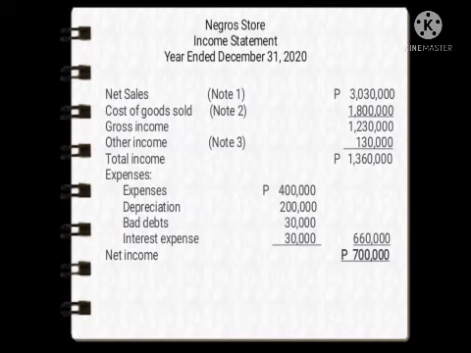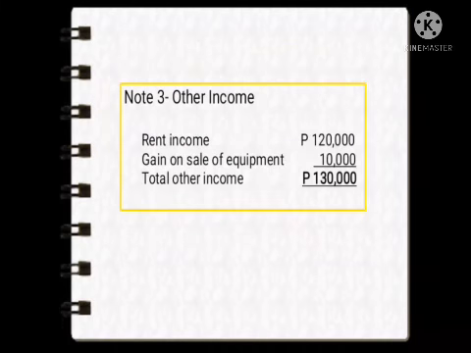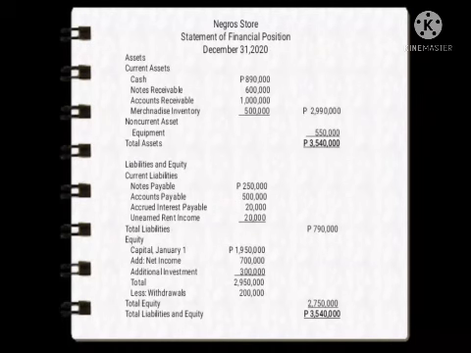So, next is we can prepare now the statement of financial position at December 31, 2020. So, the assets, first is the current assets, which is cash, 890,000, notes receivable, 600,000, accounts receivable, 1 million, merchandise inventory, 500,000, with a total of 2,990,000, and the non-current asset, which is 550,000.